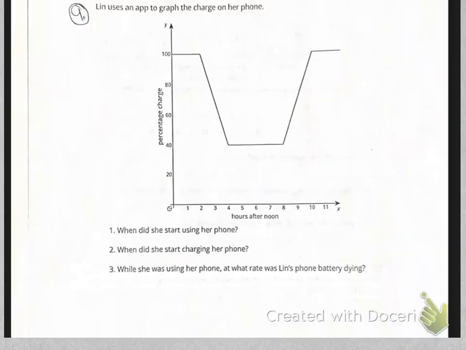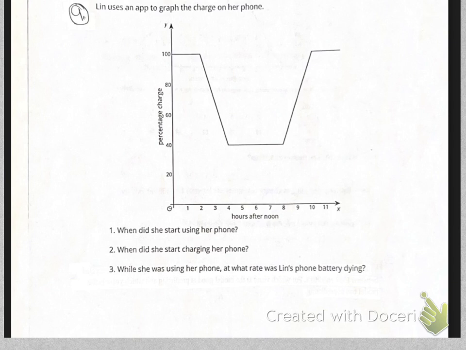All right, next question. This is the last question on your study guide. We're looking at a piecewise function graph, answering questions about it. Lynn uses an app to graph the charge of her phone. So here's her percentage charge on this side, and here's her hours after noon. Her phone starts off at 100, and then it starts going down, and it stays constant, and then it starts going up because she charges it again.